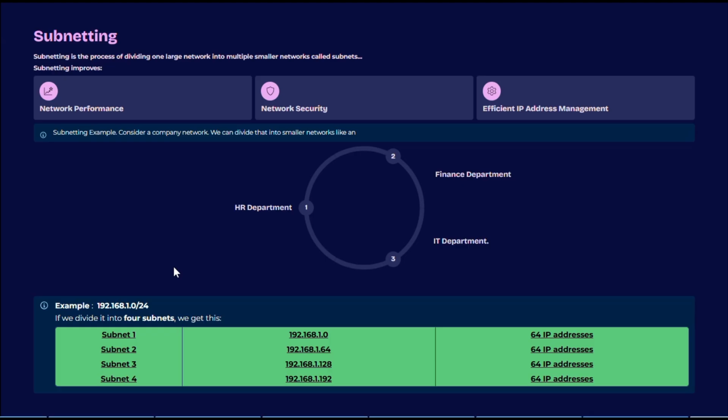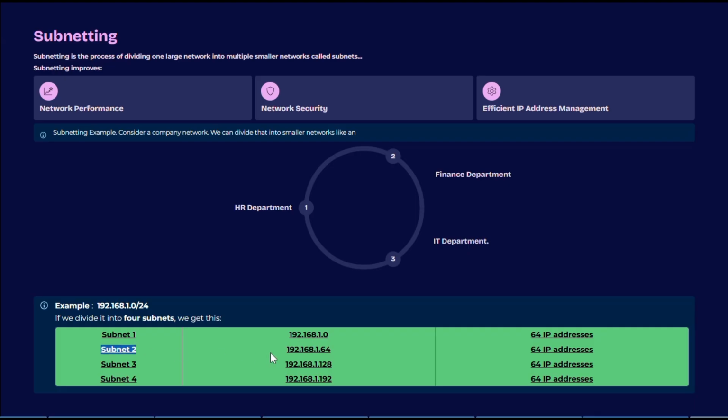Right. Now let's understand this with a simple subnetting concept. The example network we will consider here is this one: 192.168.1.0/24. If we divide it into 4 subnets, we get this. The first will get 192.168.1.0.